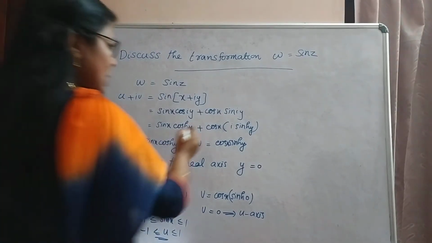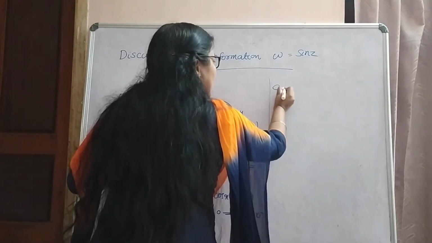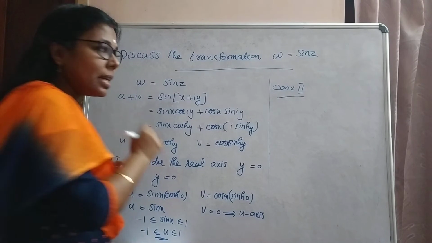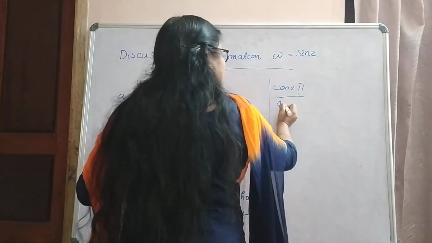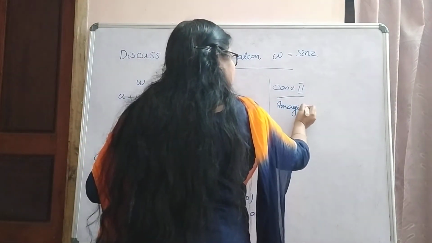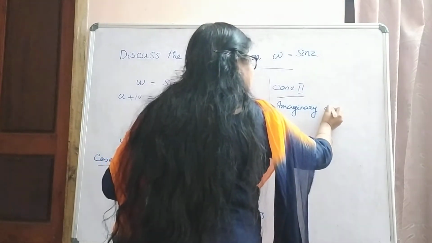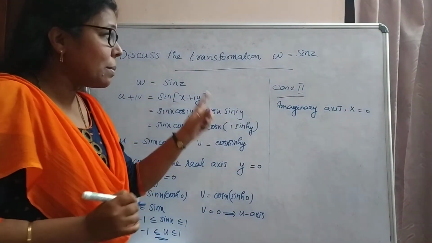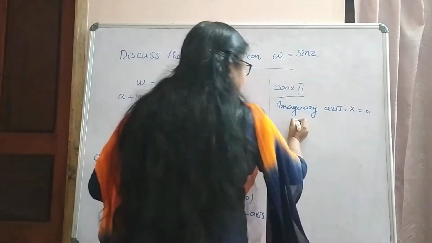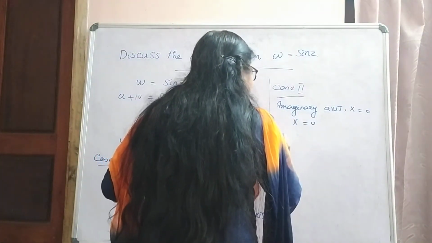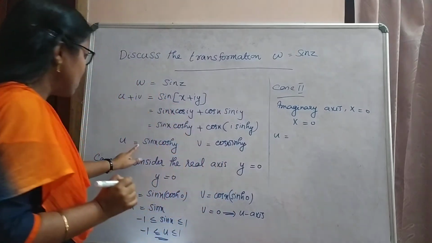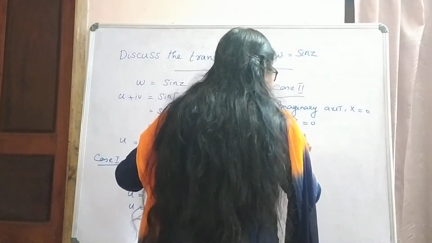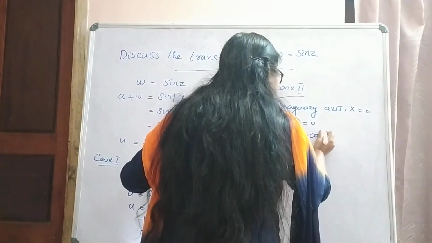Now consider case 2. Case 2 is the imaginary axis, that is x equal to 0. X equal to 0 is the imaginary axis. Here x equal to 0 means u equal to sin 0 cosh y.